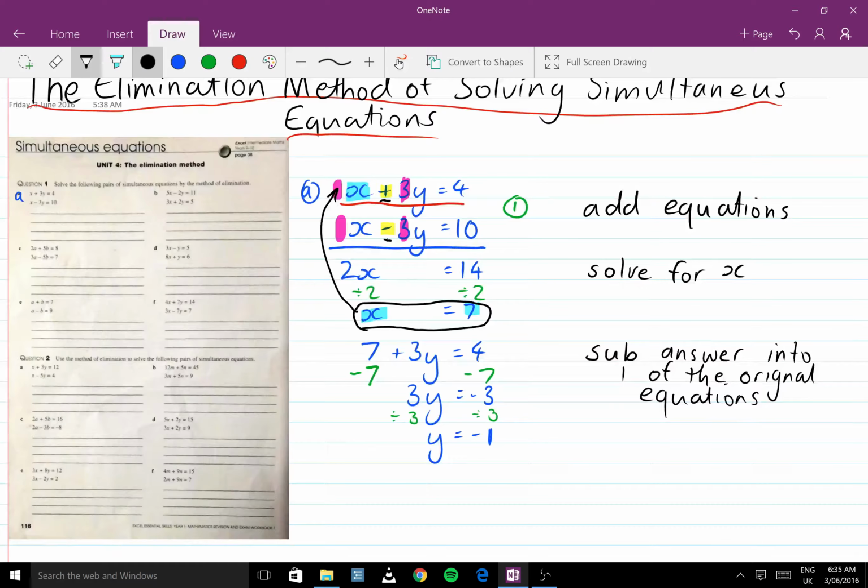Now the reason this works is that in maths, people worked out that we can add equations and that we can take away equations and that they're still equal. Because, and there's going to be so many circles and highlights at the end of this, this side of the equation, the one in green, is exactly the same as this side.